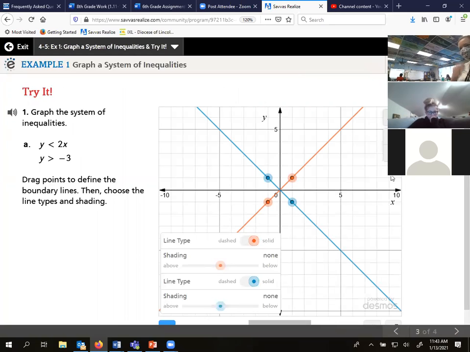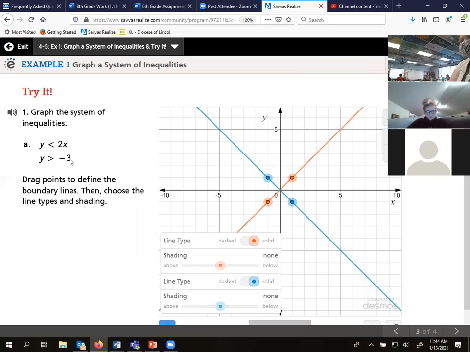Okay, so let's just try it. We've got two inequalities. Y is less than 2x and y is greater than -3. So our first one, where does it cross the y-axis? 0.